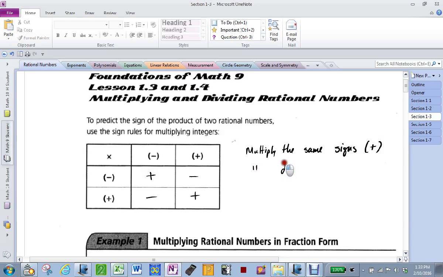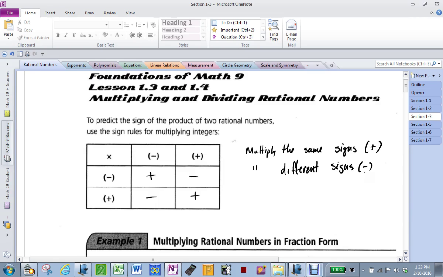Multiply different signs, the answer is negative. That's how I remembered it. I didn't have a chart. I didn't remember two negatives is always positive. This is what I did. Okay? Is everybody cool with this?